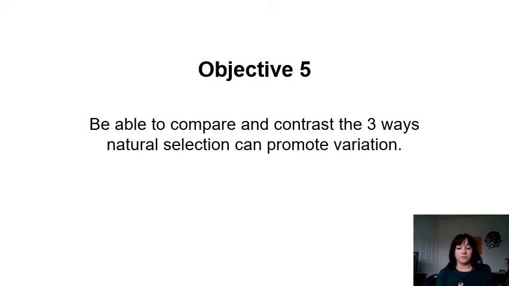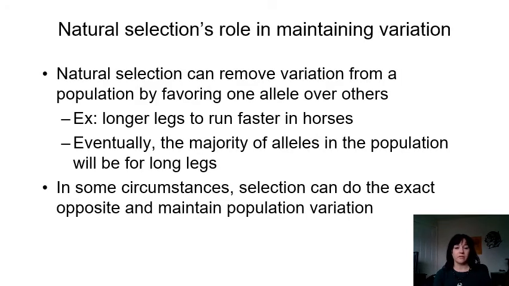Let's talk about promoting variability, right? So natural selection, normally we think of it as reducing variability, choosing a certain trait that's beneficial, but natural selection can also promote variability in a population.